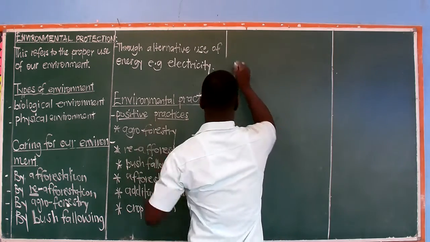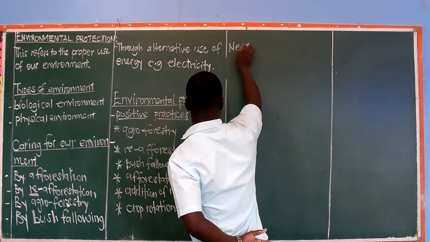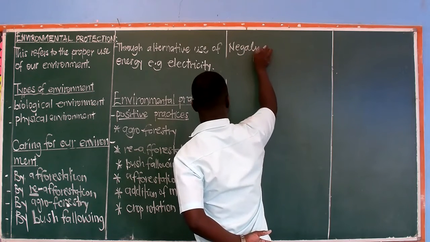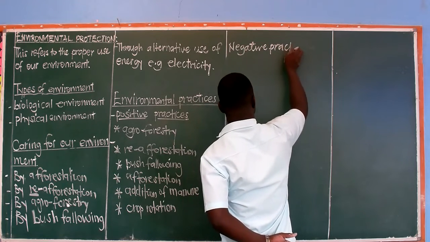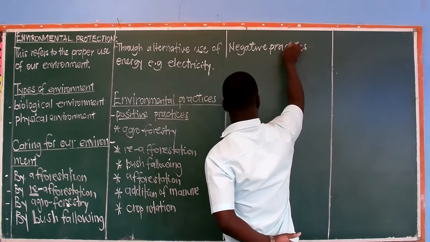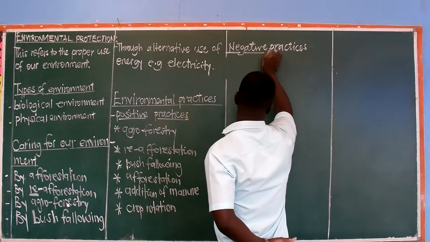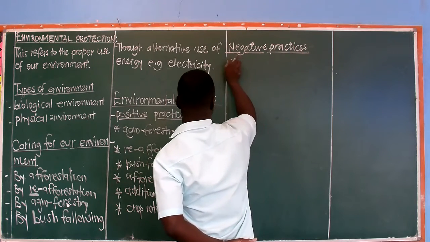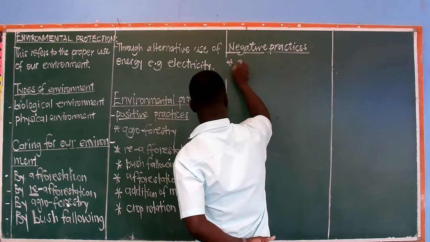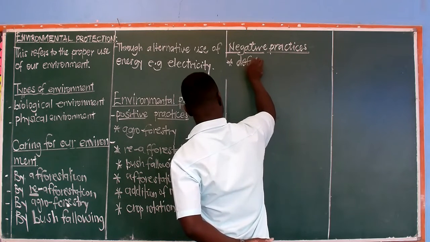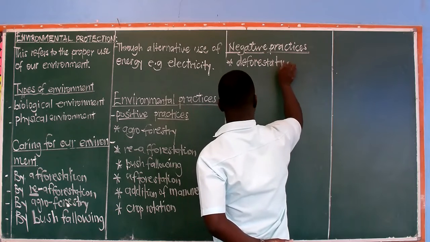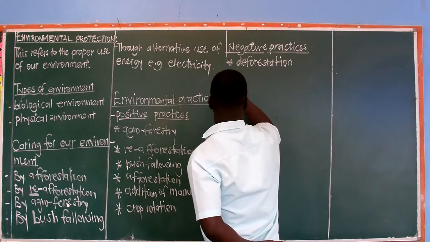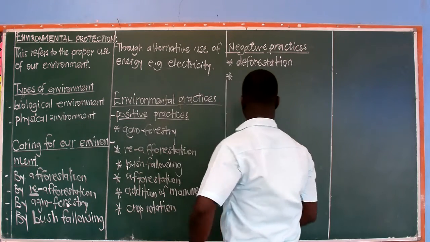Then on the other side, we shall be having the negative human practices. These were the positive ones. Now we shall go to the negative practices. Now, which are these negative practices? One, we shall have deforestation. Definition, we say this is the massive cutting of trees in an area.